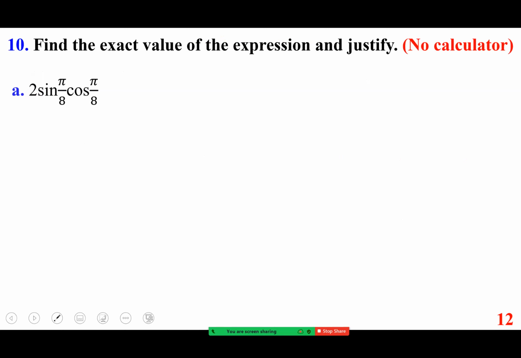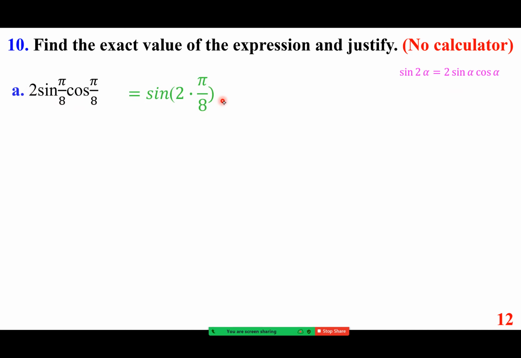We want to find the exact value of 2 sine pi over 8 cosine pi over 8. And we remember sine of 2 alpha is 2 sine alpha cosine alpha. And therefore, this is sine of 2 times pi over 8, which makes it pi over 4.